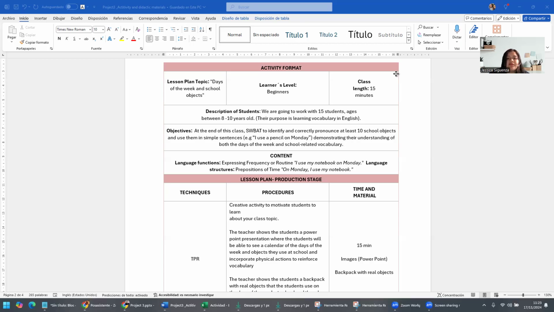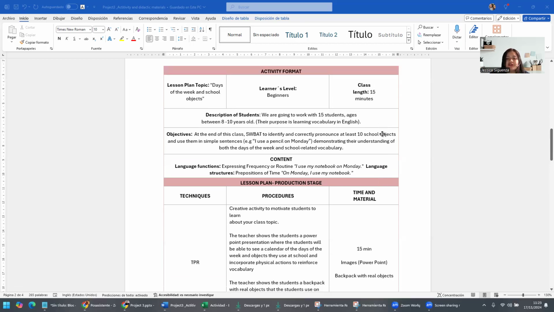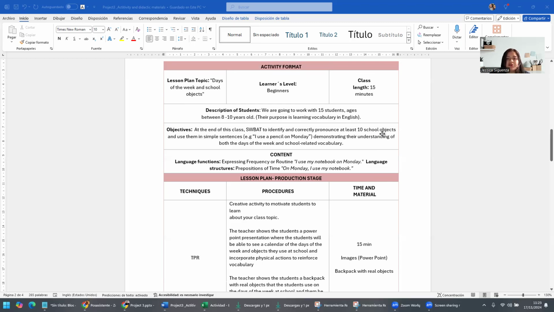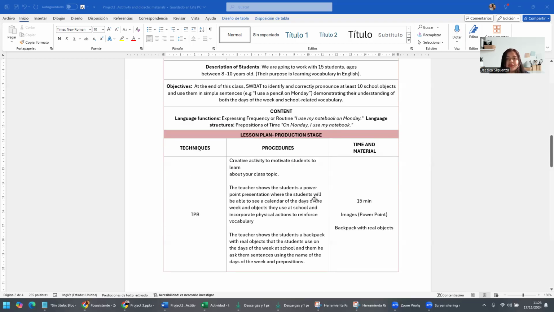The technique that I consider using in this activity is TPR, because the students can use and learn in two different ways. Procedure: create a creative activity to motivate the students to learn about the class topic.